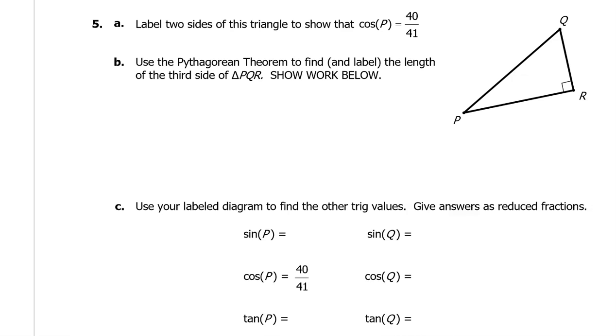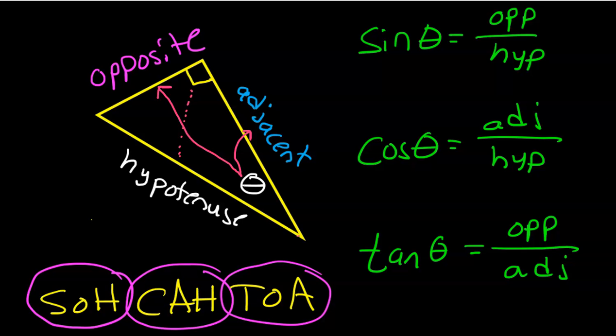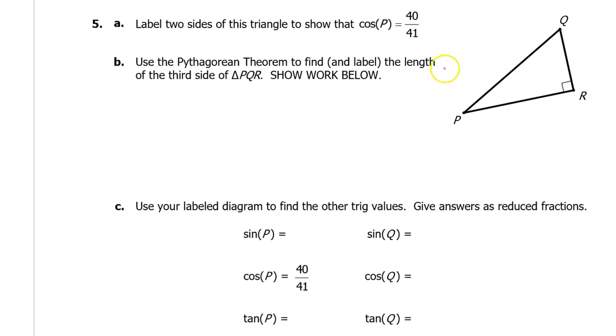Let's practice this one more time for problem number 5. Label the sides of this triangle to show that cosine of angle P is 40 over 41. Well, cosine is adjacent over hypotenuse. That means that the 40 has to be adjacent, and the 41 has to be the hypotenuse.